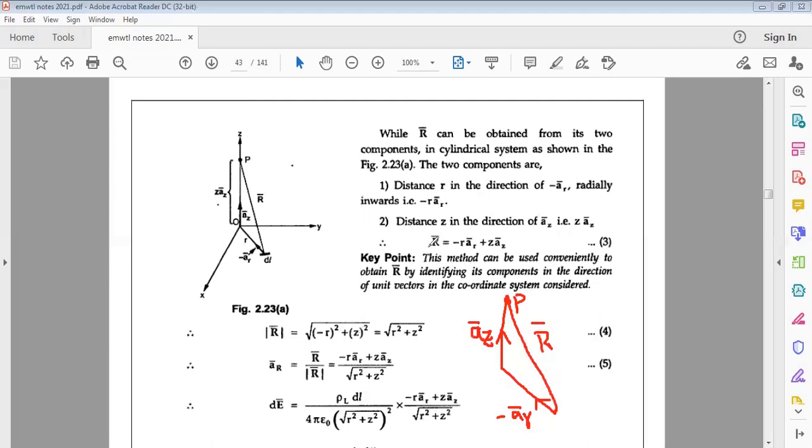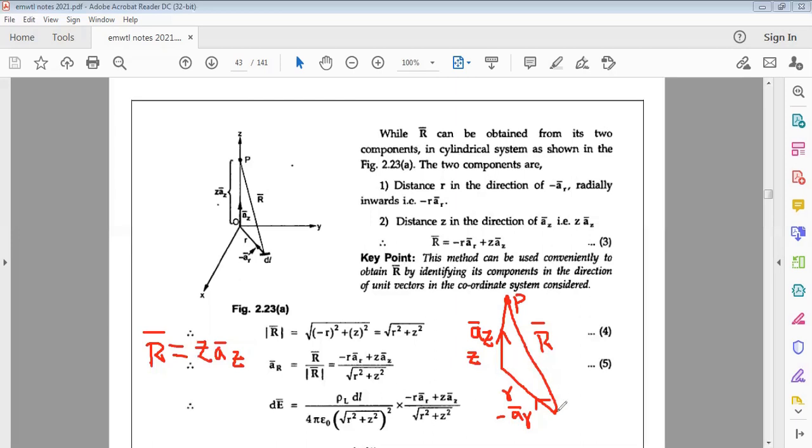To find this R bar, these two are meeting at the point P, with the distance of small r here and the distance of z. So combining these equations, R bar is equal to z into az bar minus r into ar bar, because the minus means it goes in the negative direction of r.